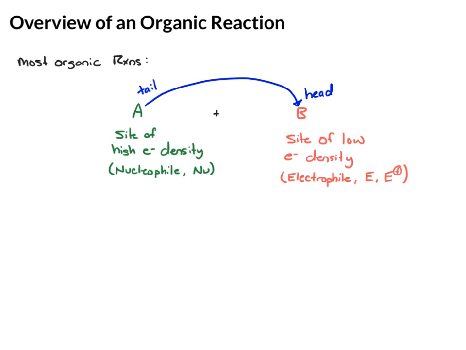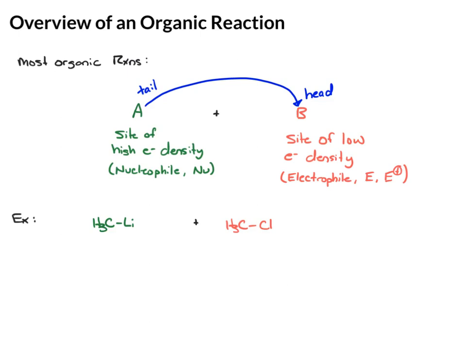Let's now apply the principles we learned here to a real reaction. So here we have methyl lithium and chloromethane. And let's start with the methyl lithium. And when you see something like this where you have a carbon bonded to a metal, you can break this up into ions because the metal can be positively charged, the carbon negatively charged.